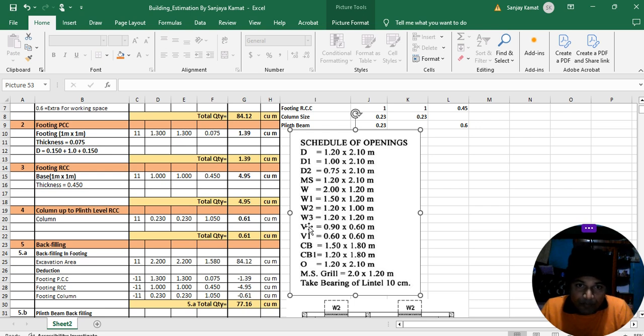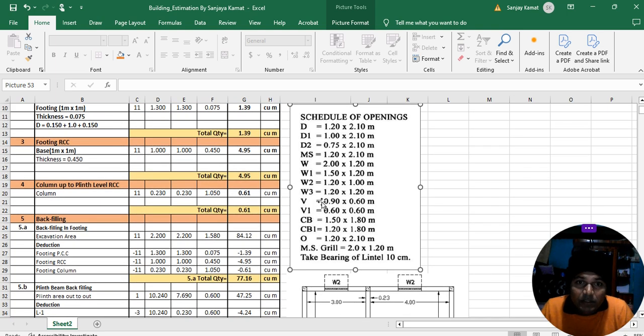Similarly for W3, the dimension will be 1.20 by 1.20 meter. And this V is ventilation. So we have to estimate for two ventilations, V1 and V2, 0.90 by 0.60 meter, and V1, 0.60 by 0.60 meter.